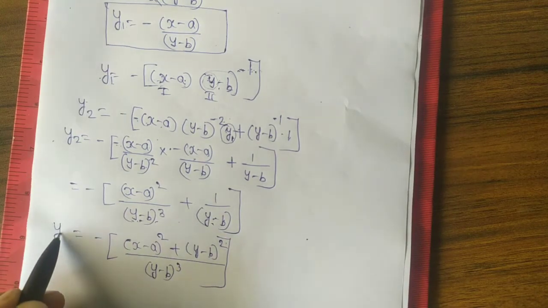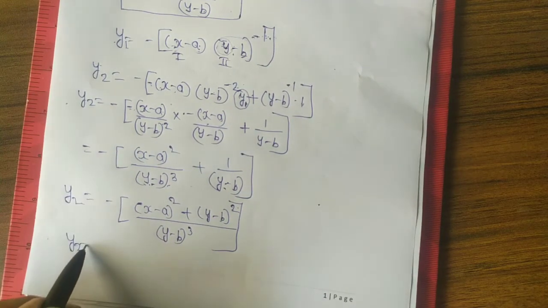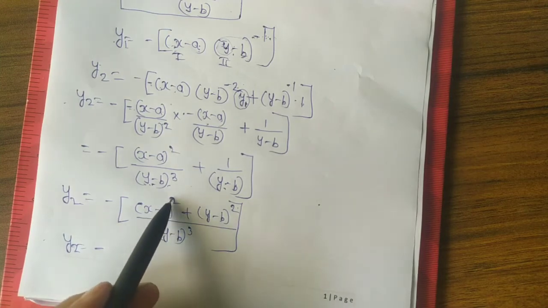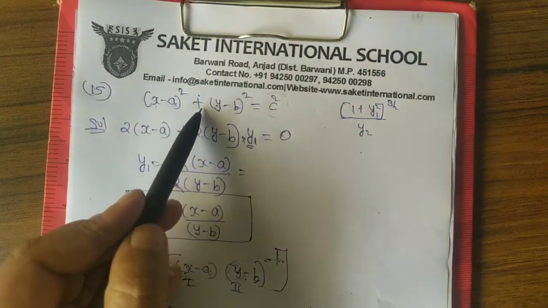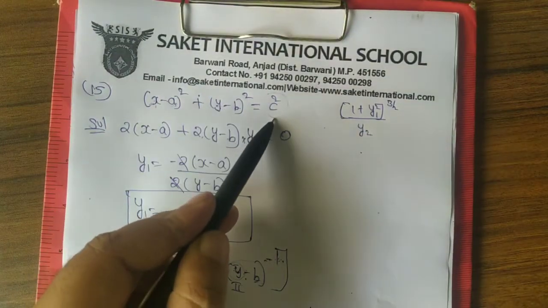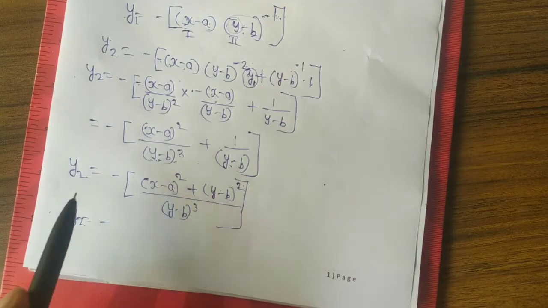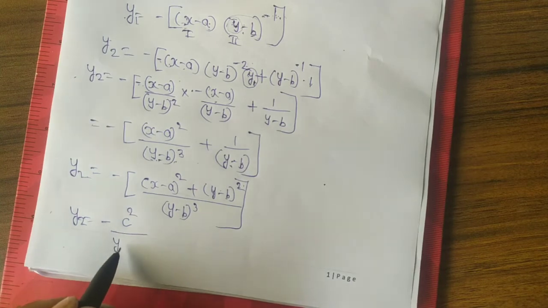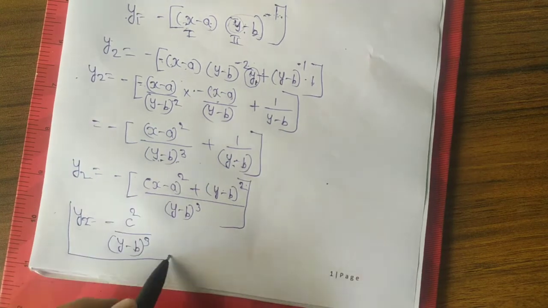So this is the value of y2. So dear students, y2 is equal to minus, here we can see that x minus a whole square plus y minus b whole square equal to c square. So we can replace the numerator part by c square, so it is c square upon y minus b whole cube. So here this is the value of y2.